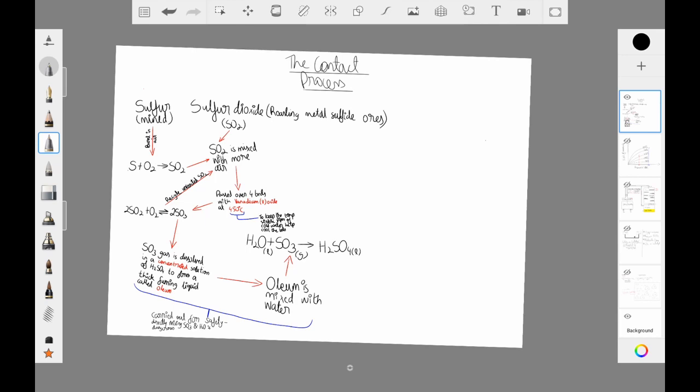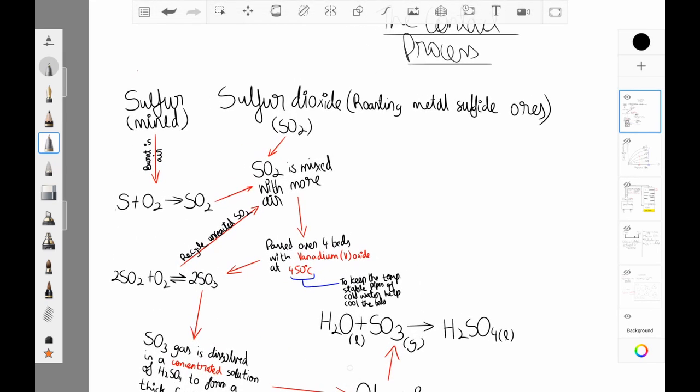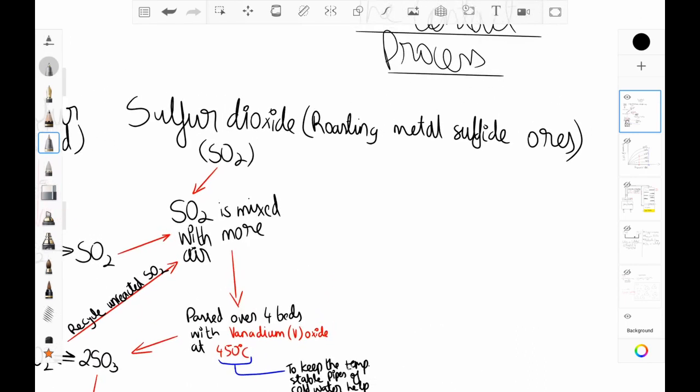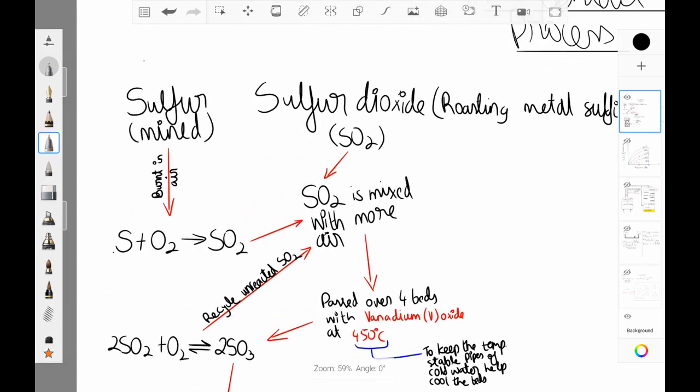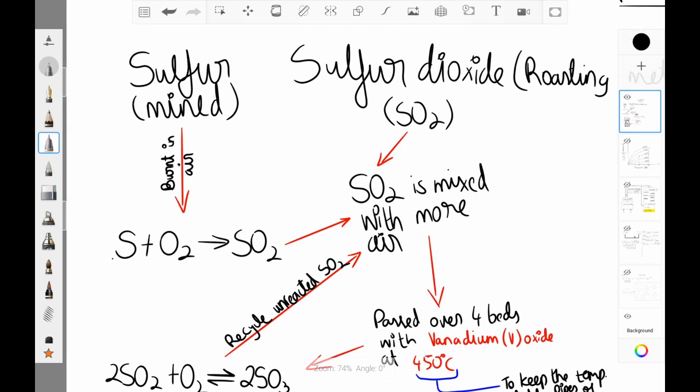Now, the starting point, or the main raw materials in the contact process, are sulfur, or you can use sulfur dioxide, air, and water. So sulfur dioxide is obtained from roasting metal sulfide ores in air, or you can use sulfur, which you can just mine, and you can burn sulfur in air to form sulfur dioxide.